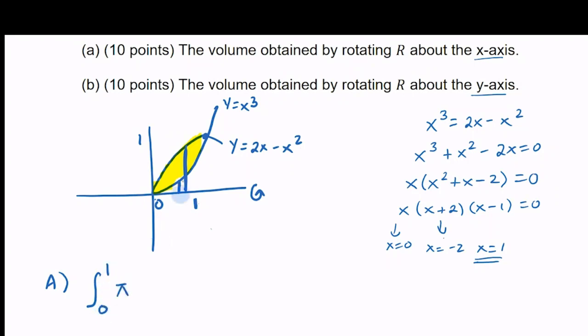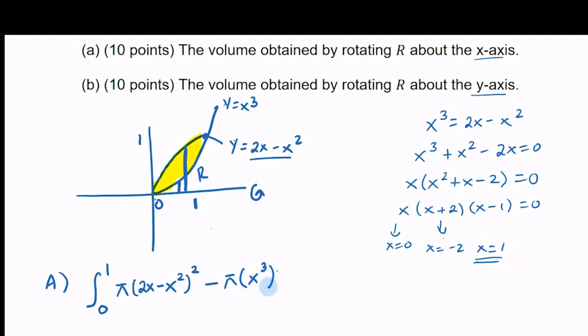Then it's going to be pi of the big radius squared. So this big radius is equivalent to whatever the y value of this curve is, and y is equivalent to 2x minus x squared. So it's going to be (2x minus x squared) squared, minus pi of whatever the smaller radius is. This smaller radius is equivalent to the y value, which is x cubed.